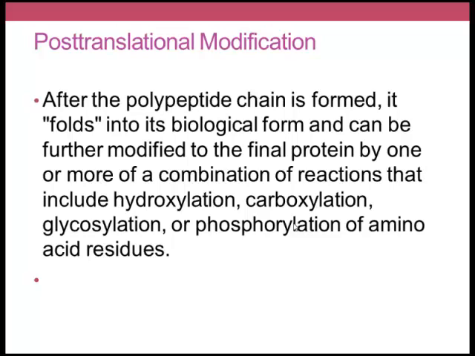After release of the polypeptide chain, we have other modifications called post-translational modifications. Some of these modifications we are describing here. First, it folds into its biological form and can be further modified to final proteins by one or a combination of reactions that include hydroxylation, carboxylation, glycosylation and phosphorylation.